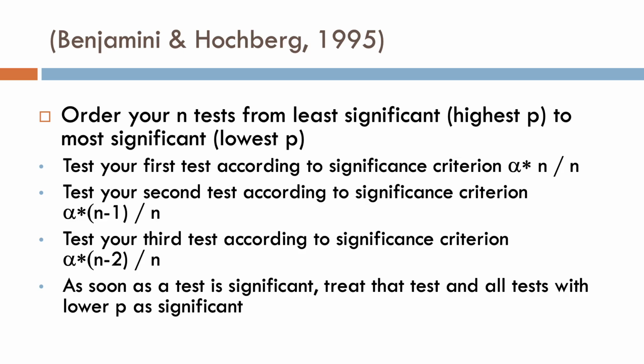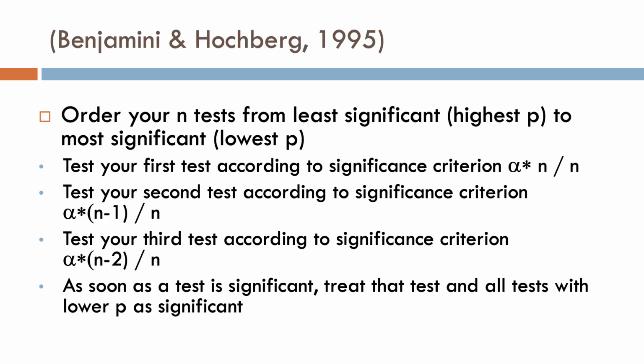You then take your second test, the second highest p, and test it according to the significance criterion alpha times n minus 1 divided by n. If it's not significant, we move on still and test our third test, the third highest p, according to the significance criterion alpha times n minus 2 divided by n, and we do that the whole way until we've got just alpha divided by n for the very last test, the test with the lowest p.